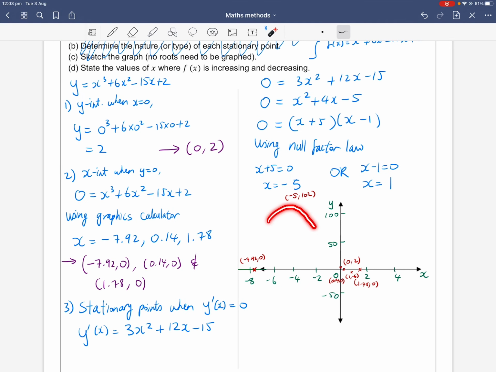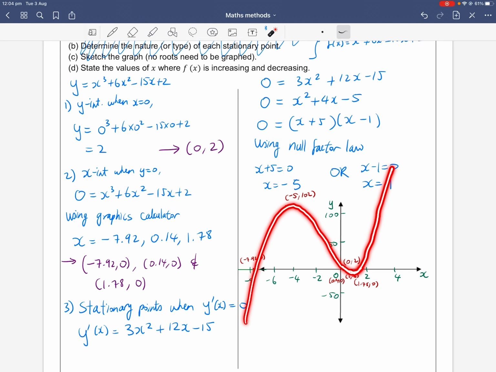So we know it's going to be a sad face down from that -5 stationary point, crisscrossing that x-intercept. And then we know that's going to pass through the y-int and then the x-int, and then we know it's got to be a happy face. So it's going to do a turning around at that (1, -6), and then go back up again into the third intercept. So it looks kind of like a snake-ish graph like what I've shown on the screen.